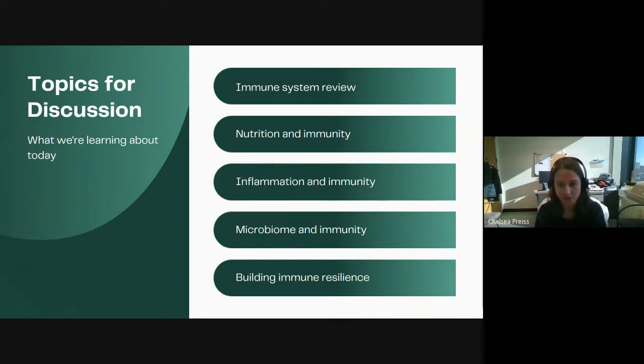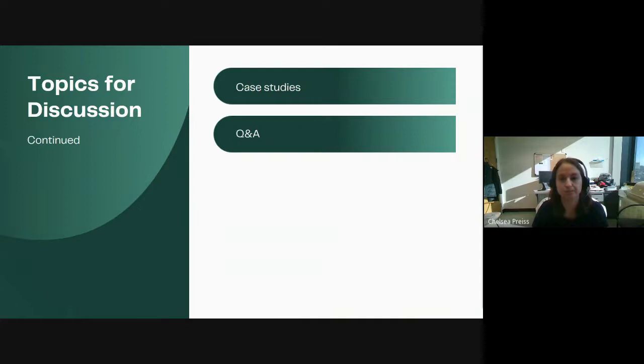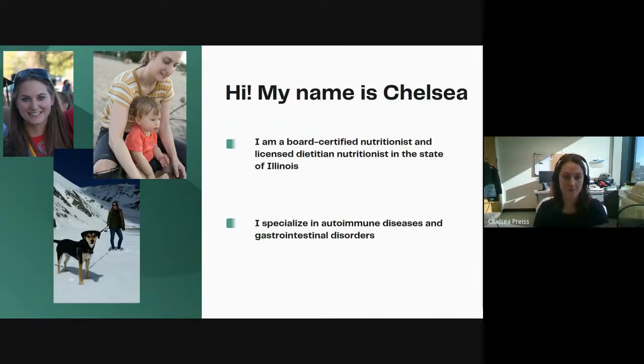And then I'm going to talk about the 3 regulators in the immune response, so nutrition, inflammation, and the microbiome, and also the role that westernized diets have in our immune and metabolic health. And then I'll cover some nutritional strategies targeted for building immune resilience. And then finally, I'll wrap it up with a couple case studies and hopefully some time for some questions and answers.